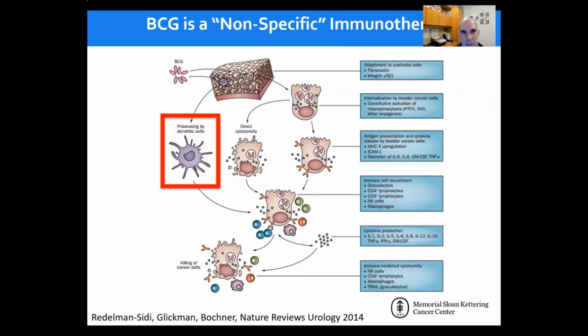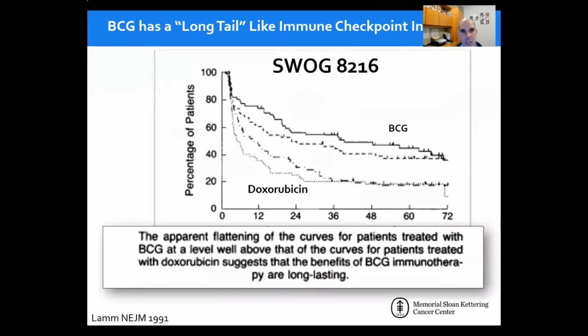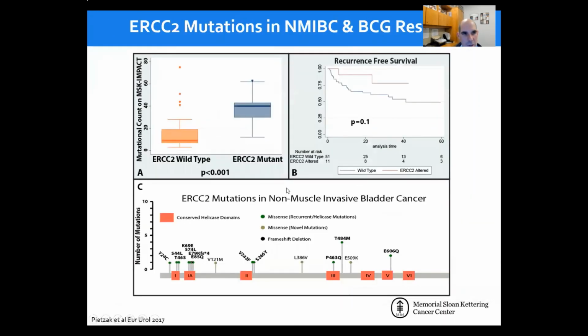We know that BCG is a non-specific immunotherapy, and that BCG actually is the original immunotherapy. For a very long time, we know that it has a long tail, just like the immune checkpoint inhibitors. This is from Dr. Lamm and colleagues from 1991, where they comment on this long tail from BCG compared to intravesical chemotherapy treatments. So this is quite interesting.